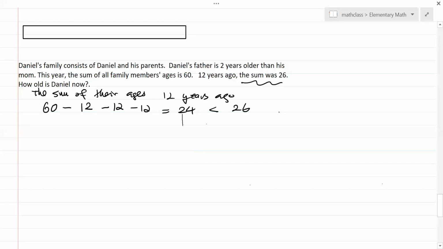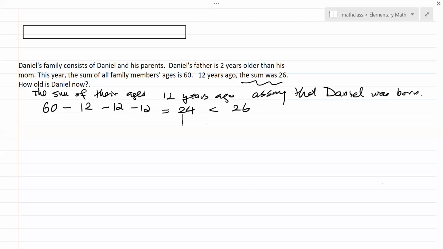So we get a contradiction. We assumed that Daniel was born. Under that assumption, you get the sum of the ages, which is 24, which is less than the given number.